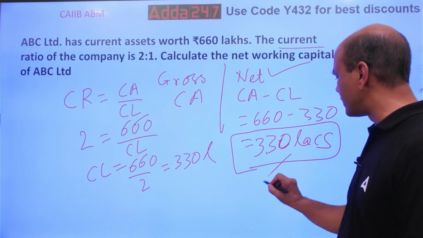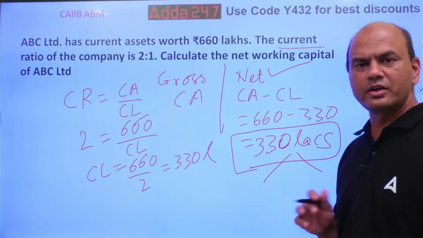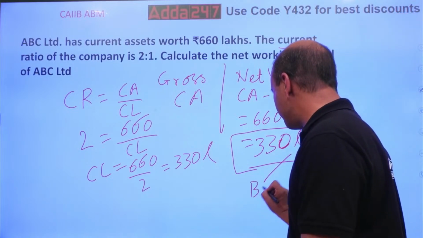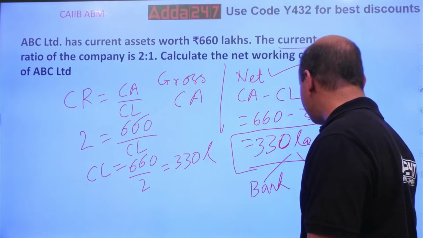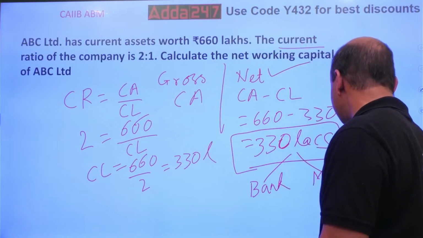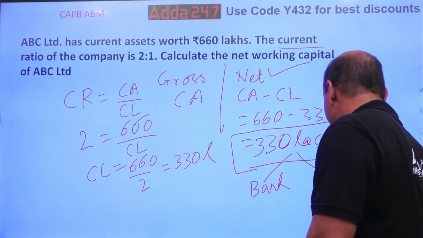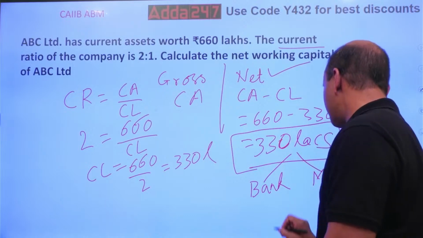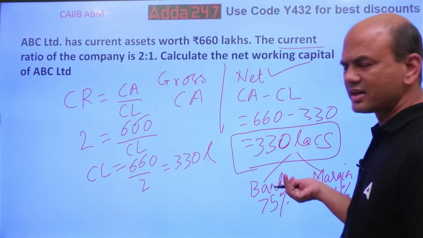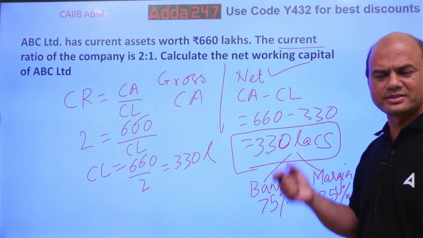Out of this gap, you will divide it into two parts. First part is the bank finance, and this is the customer's margin. Generally it is 25% from the customer and 75% from the bank. So take 330 into 75%.